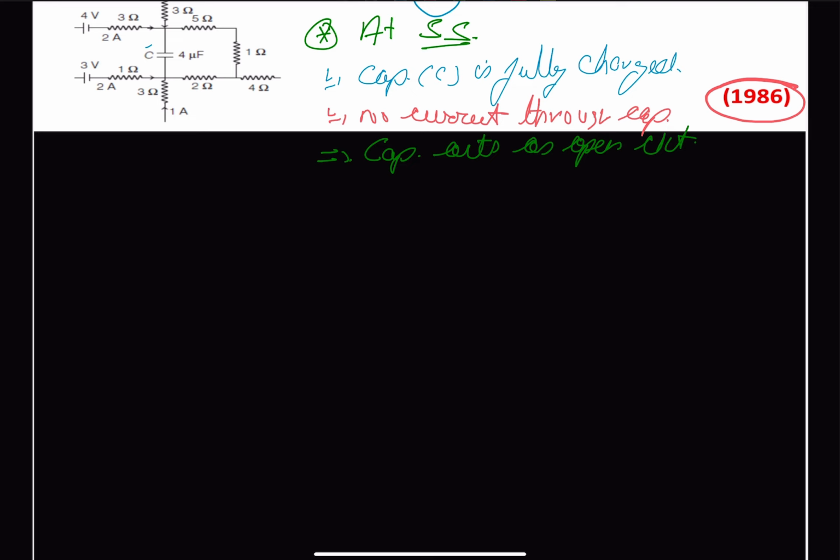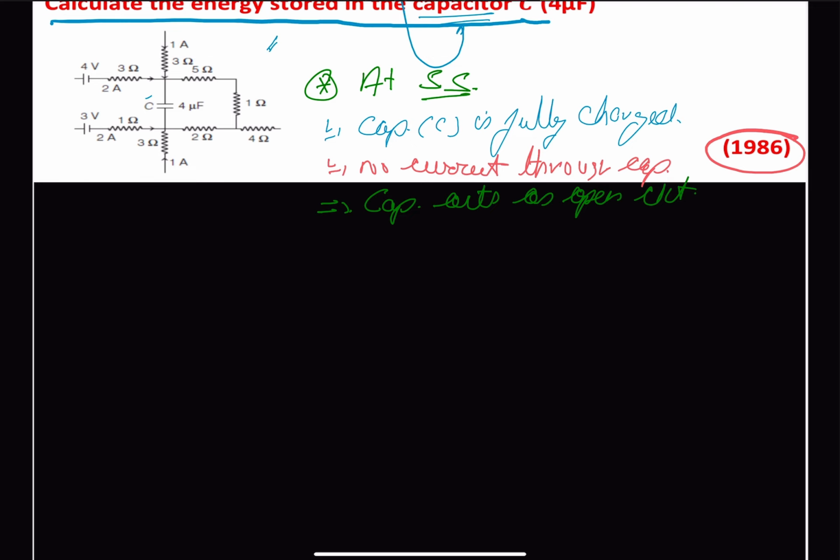And here we are not going to draw the battery etc. because the values of the currents are given to us, so we are not interested in the 4 volt as well as the 3 volt.